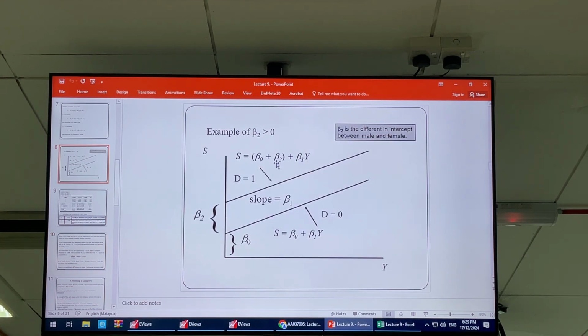After we estimate, we want to know whether there is a significant difference in saving for male and female. If beta 2 is not equal to 0, then there is a difference. If it is equal to 0, there is no significant difference. So we have to test whether beta 2 equals 0 or not equal to 0.